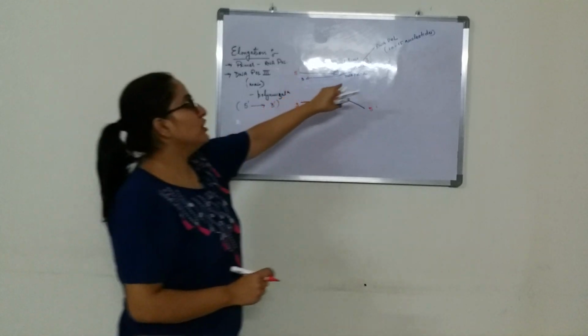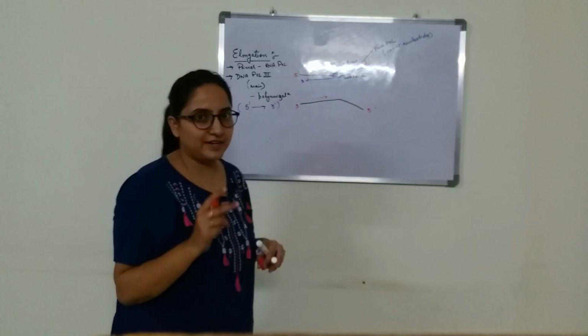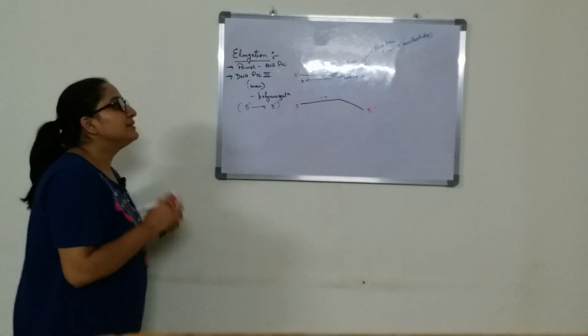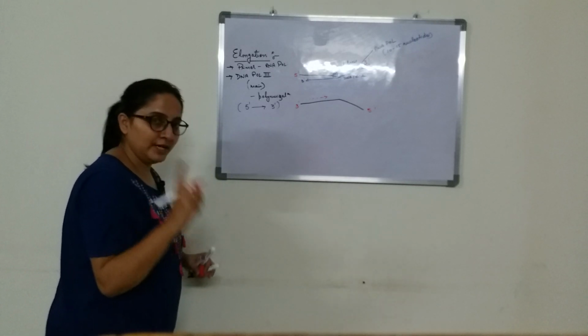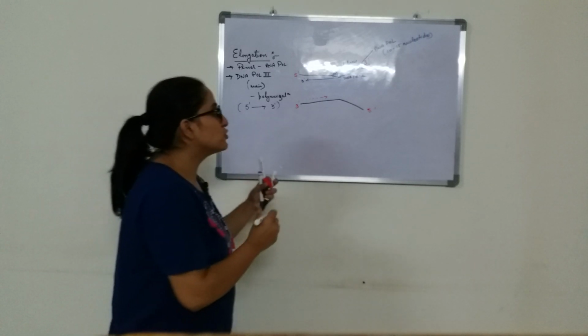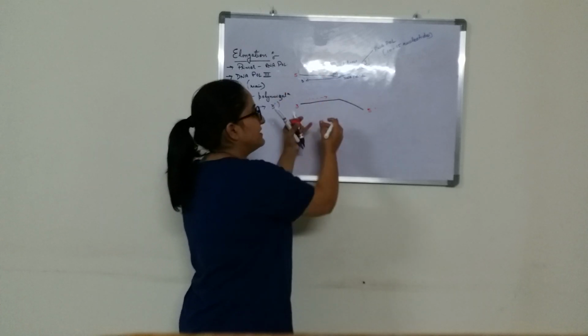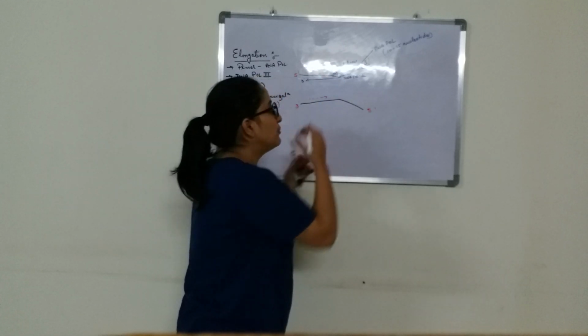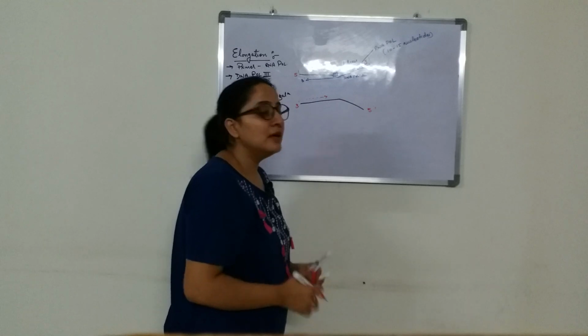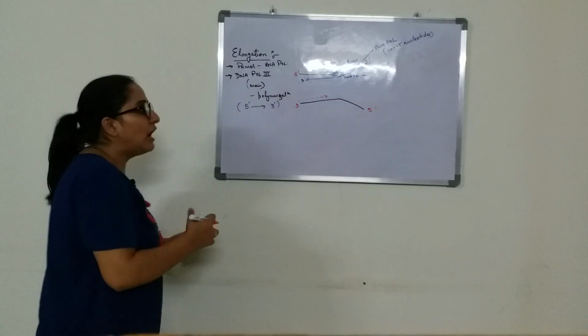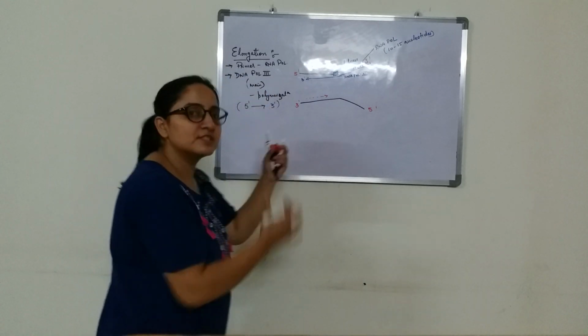But DNA polymerase is only one, right? In the procedure, the DNA polymerase is only one enzyme, but it has to work in both the strands. It has to add the nucleotides in both the strands simultaneously. But how is it going to work in both the strands?